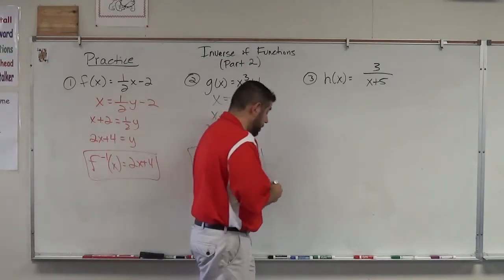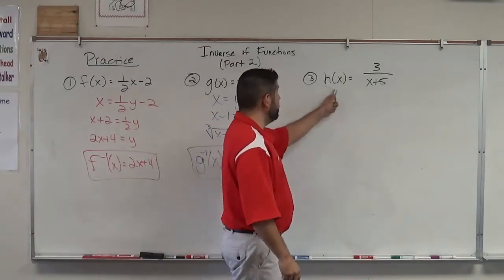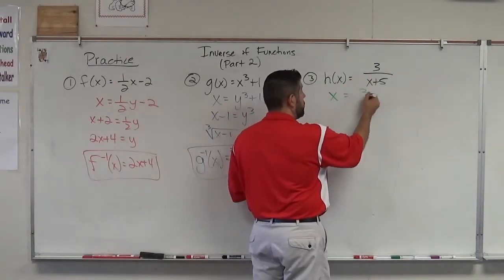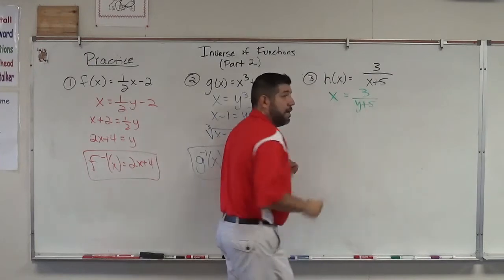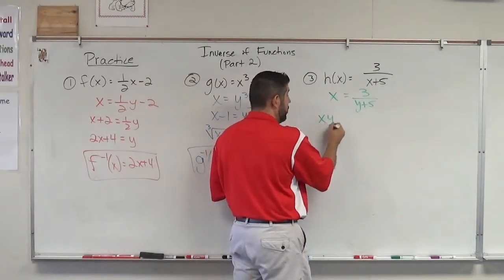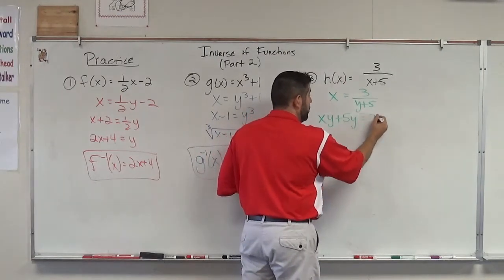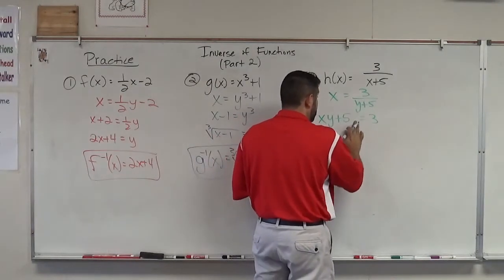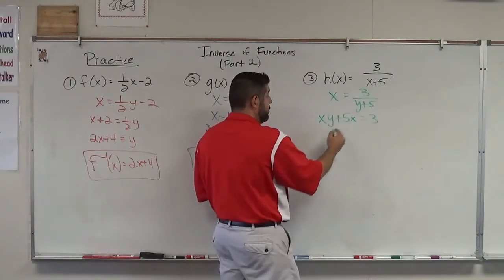Let's do the last one here. h of x equals 3 over (x plus 5). I'm going to go ahead and say x is equal to 3 over (y plus 5). And then I'm going to multiply both sides by (y plus 5) and get xy plus 5x equals 3. 5x, sorry about that, 5x. Subtract the 5x over.